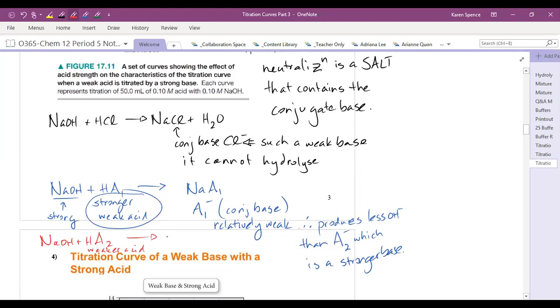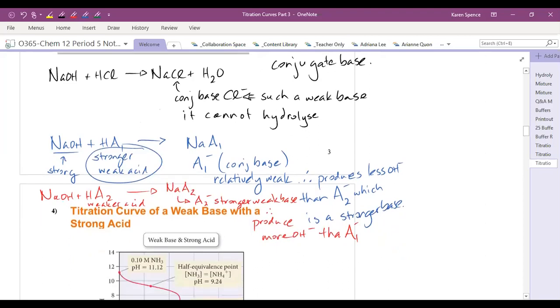We would end up with NaA2, which contains the A2- ion, which is a stronger weak base, and therefore it will produce more OH- than A1-. I'm starting to realize I need to leave a lot more space in these documents. Ha! Oh well, that's okay. Next time. Any questions?